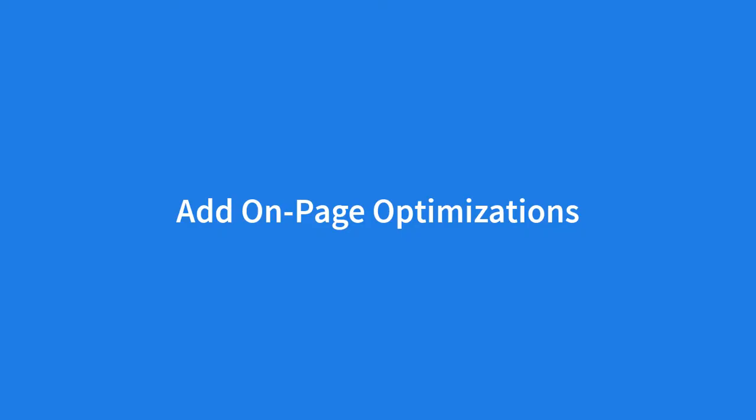Add on-page optimizations. There are a handful of on-page optimizations you'll want to make on every page. These include adding your keyword in places such as the title tag, H1 tag, first paragraph, and subheadings. An important part of on-page optimizations is to include the keyword only when it is appropriate and meaningful for the reader.